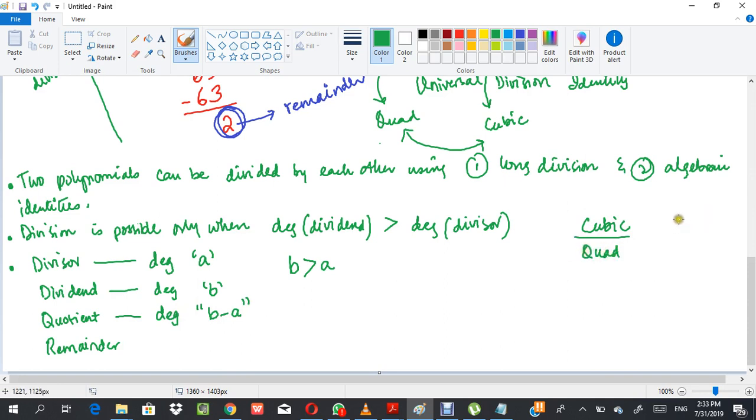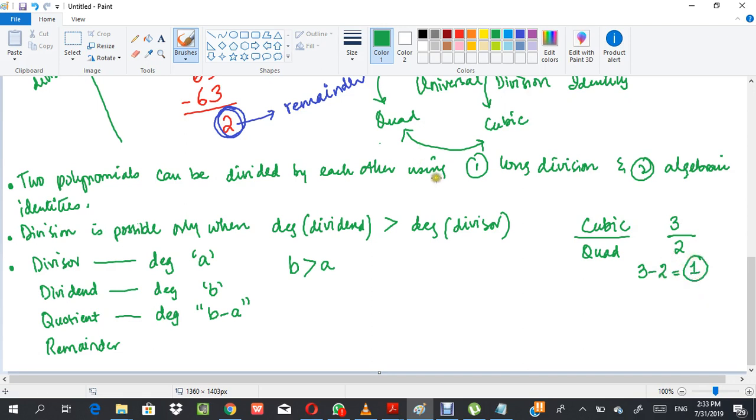A cubic polynomial is a third degree polynomial, whereas a quadratic polynomial is a second degree polynomial. So according to this rule, the quotient that I'm going to obtain will have a degree 3 take away 2, that is 1.